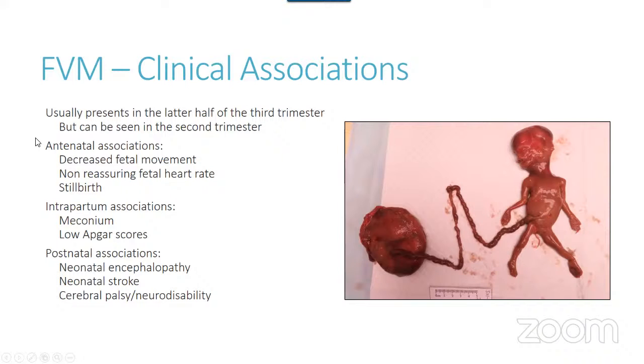Most of the time, FVM is fairly clinically silent, and the diagnosis is usually not made until after the birth of the neonate.